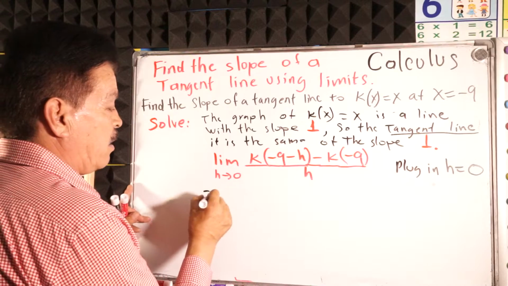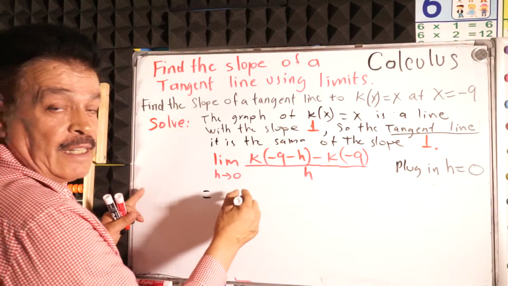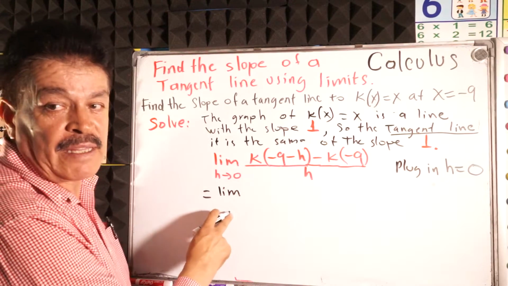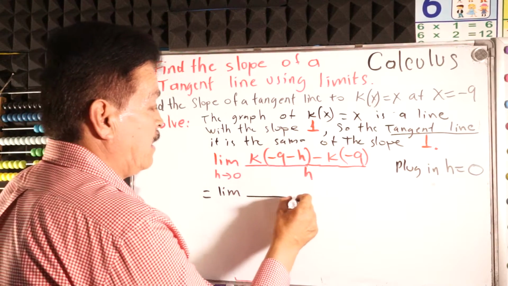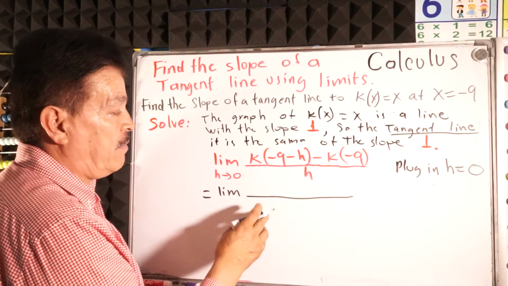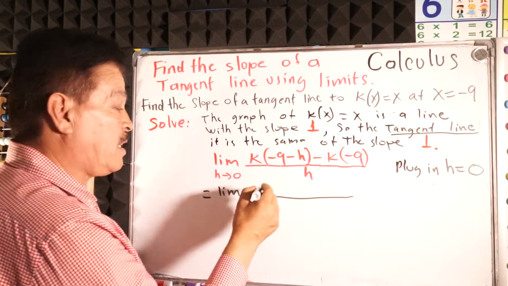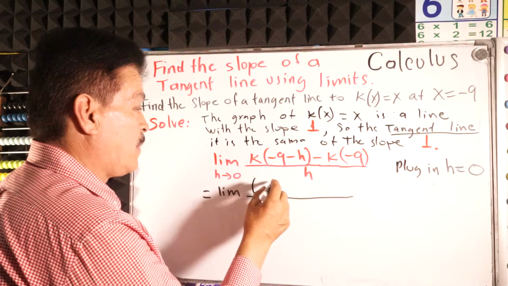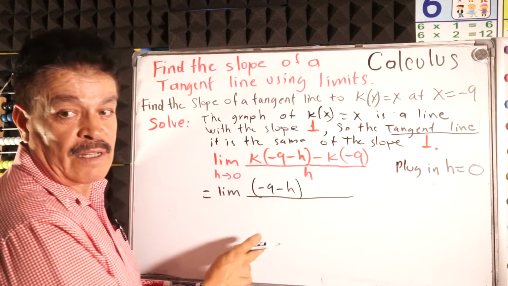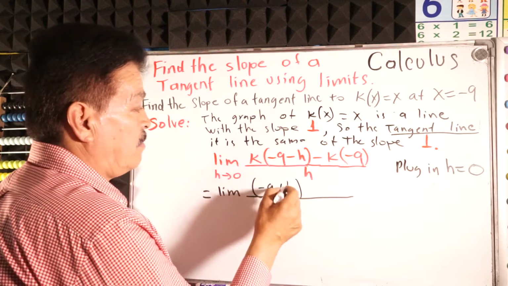Now the limit. Simplify or rewrite the formula. This step is now negative 9 plus h.